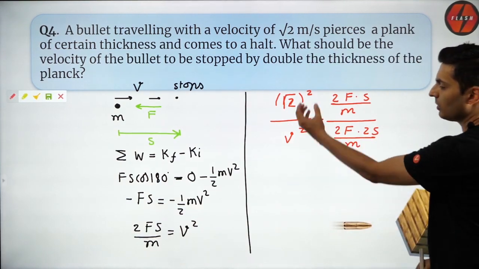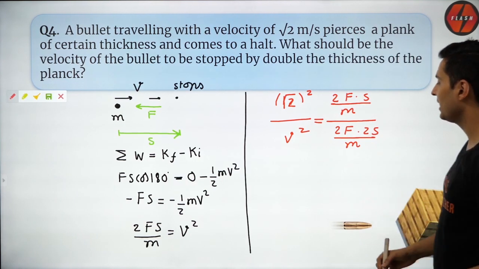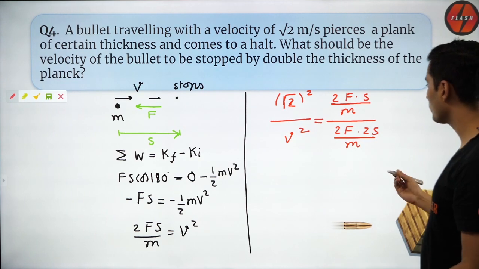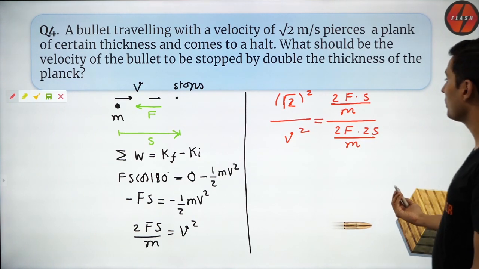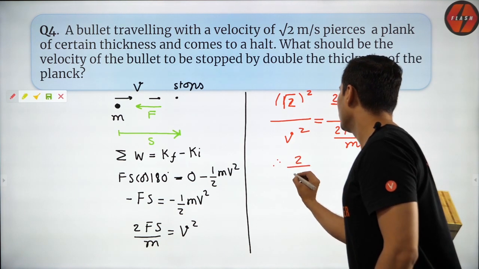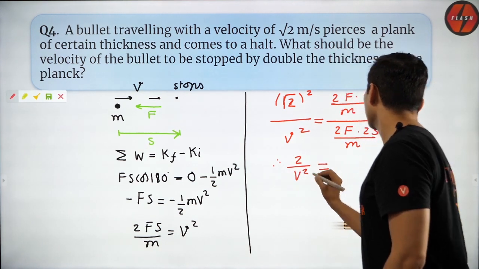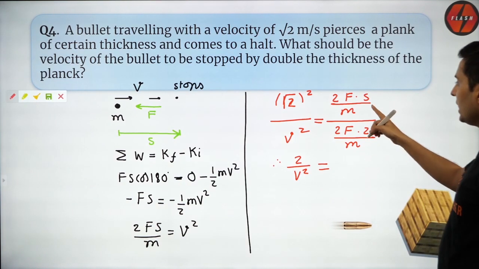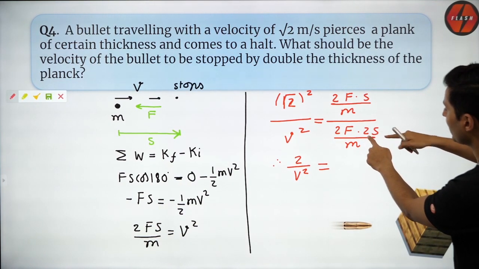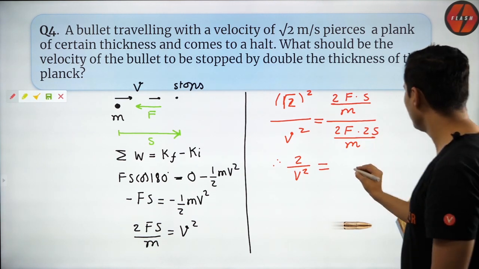So it's just the ratio of the velocity square, that's what I have divided, and you will see 2f and 2f goes off, m also goes off, in fact s and s also goes off. So what will be left over here is 2 divided by v square, correct, is nothing but, think about it, this 2 only remains, nothing else remains, I believe.